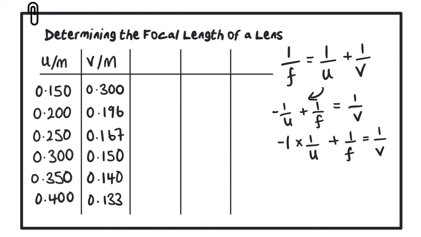Now I want to match this up to y equals mx plus c. So the last thing I'm going to do is switch sides so that I have 1 over v is equal to minus 1 times 1 over u plus 1 over f.